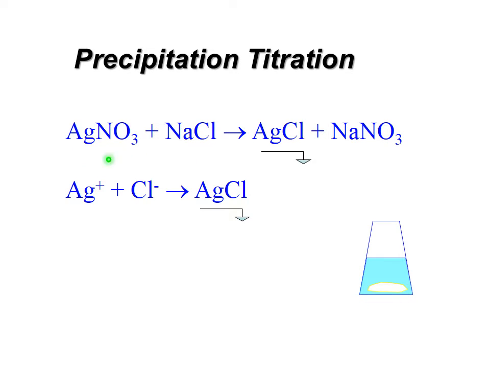The reaction is silver nitrate plus sodium chloride makes solid silver chloride and sodium nitrate, or in ionic form Ag+ plus Cl- makes AgCl, a colorless insoluble compound.